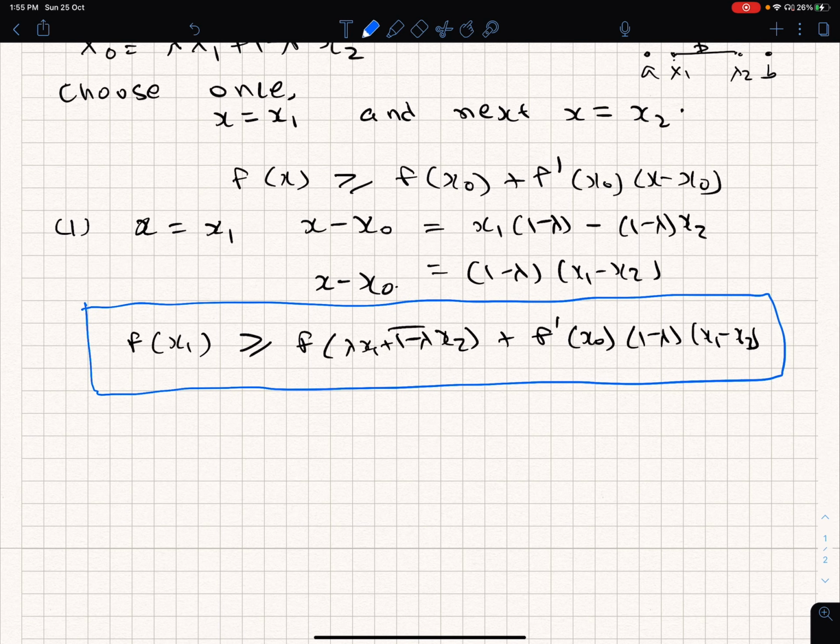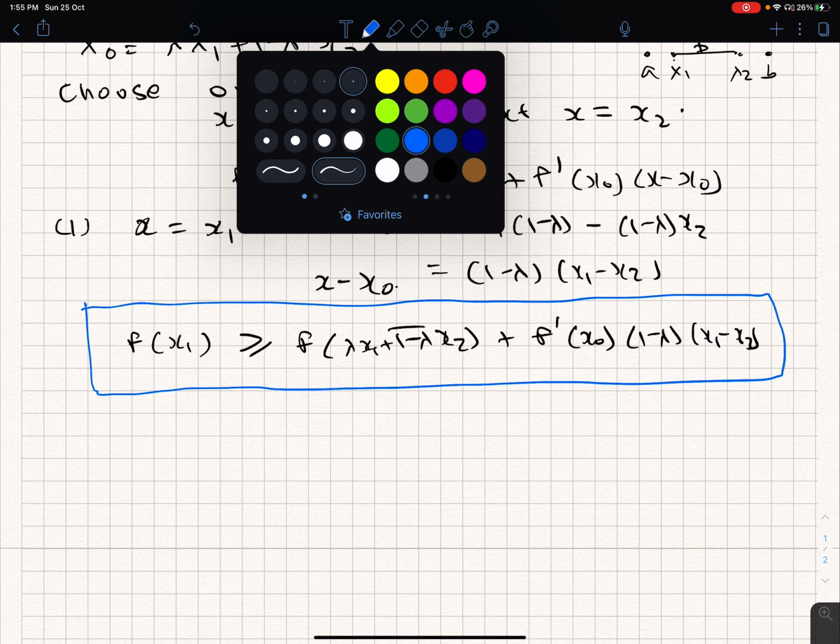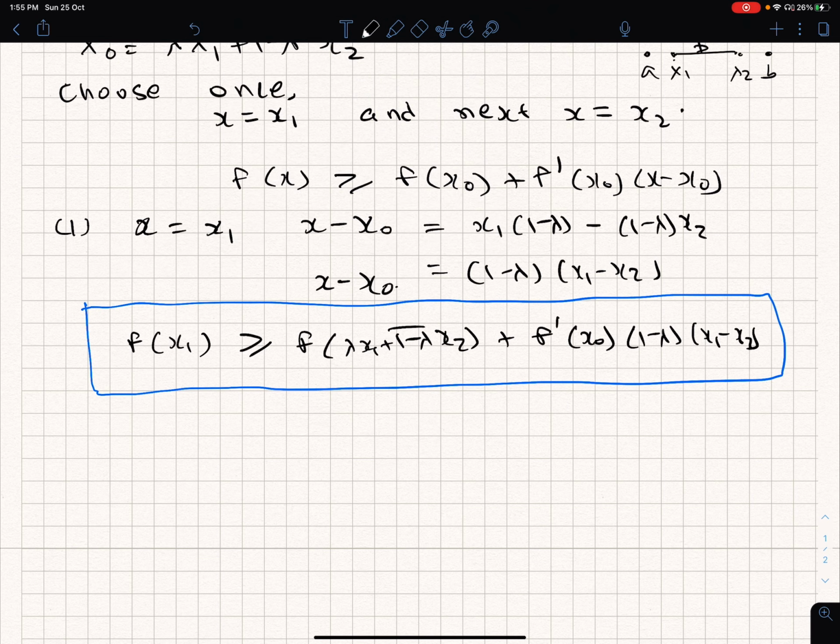Okay, now let's go with the next choice. Next, I said choose x equal to x2. If you choose x equal to x2, then what is x minus x naught?